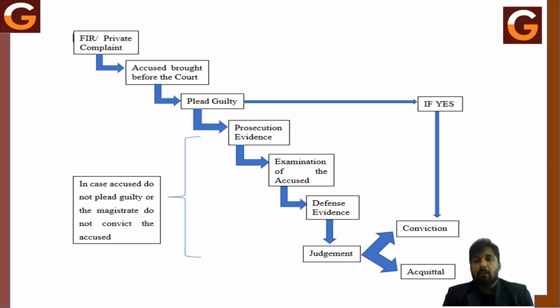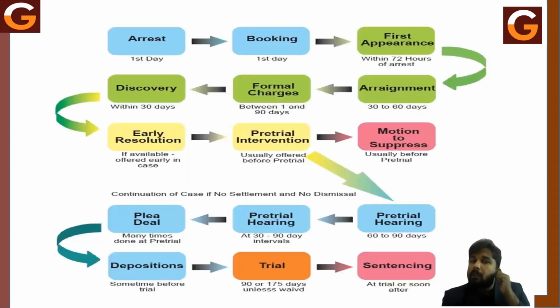Post that, on a trial basis, the court will arrive at a decision on whether the accused has been proven guilty or not. If he is proven guilty, either conviction or acquittal will be made. If he is not proven guilty, he will be left free, with the charges discharged. That's the basic procedure of how the judiciary system works with respect to a crime.